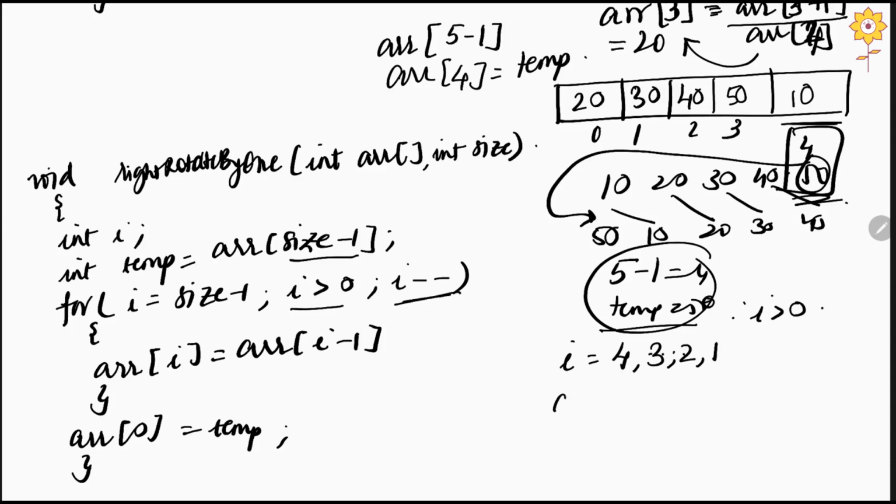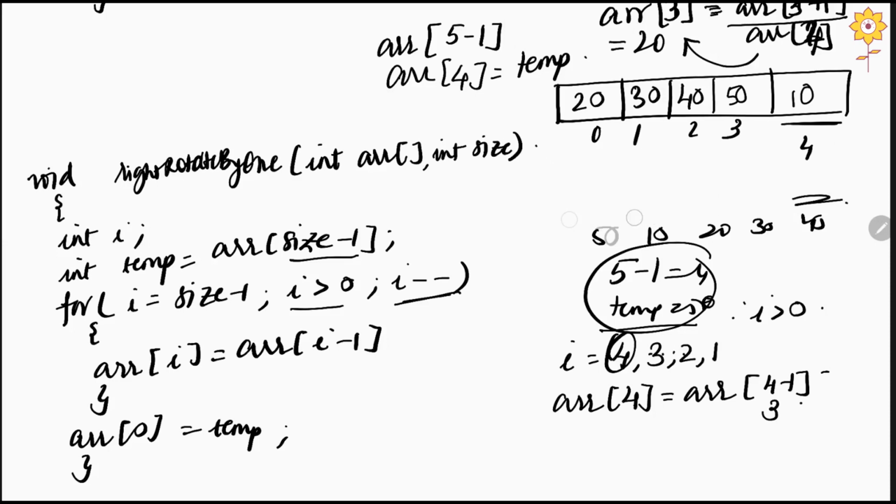So what is going to happen for the first iteration when i is 4, the fourth element? What will it get? It will get the value of i minus 1. i is 4, so 4 minus 1, it is 3. So what is in the third position in the array? I will just write it somewhere.